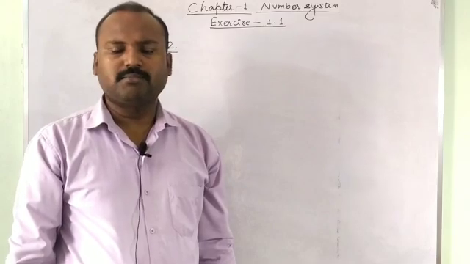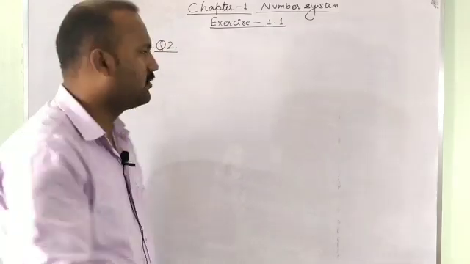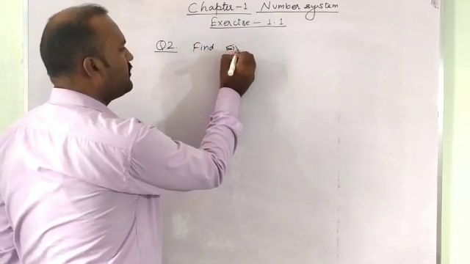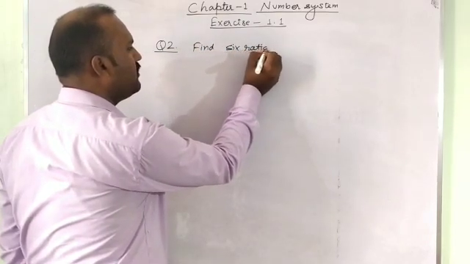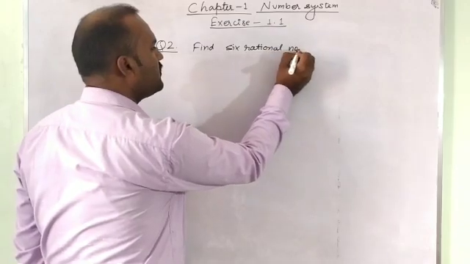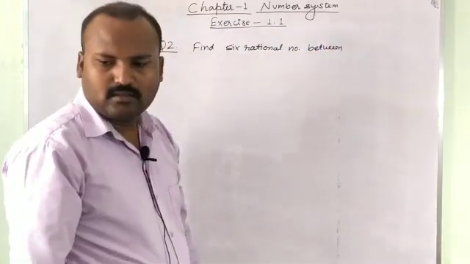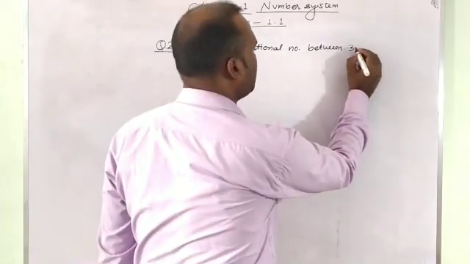Find 6 rational numbers between 3 and 4.